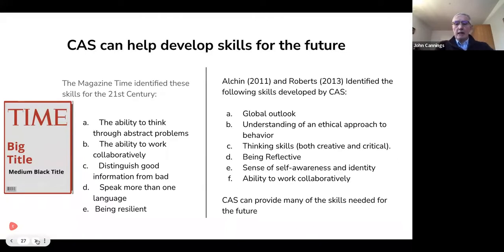Alton and Roberts, in both pieces of research about the core, and particularly about CAS, identified the following skills from the program: having a global outlook, understanding the ethical approach to behaviour, thinking skills, both creative and critical. So in other words, the ability to distinguish good information from bad, and also to be able to think through abstract problems, being reflective, a sense of awareness and identity, and the ability to work collaboratively. So CAS can help to provide many of the skills needed for the future.